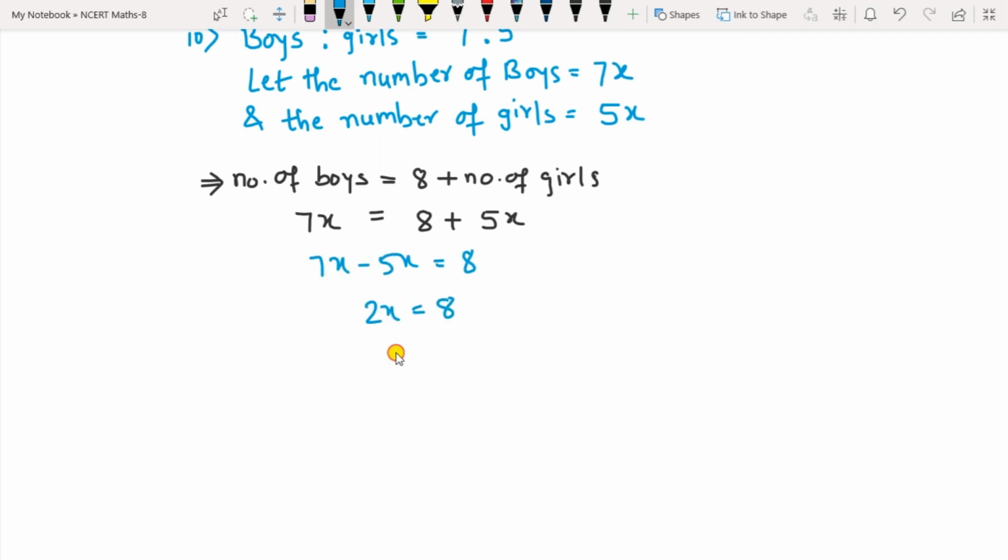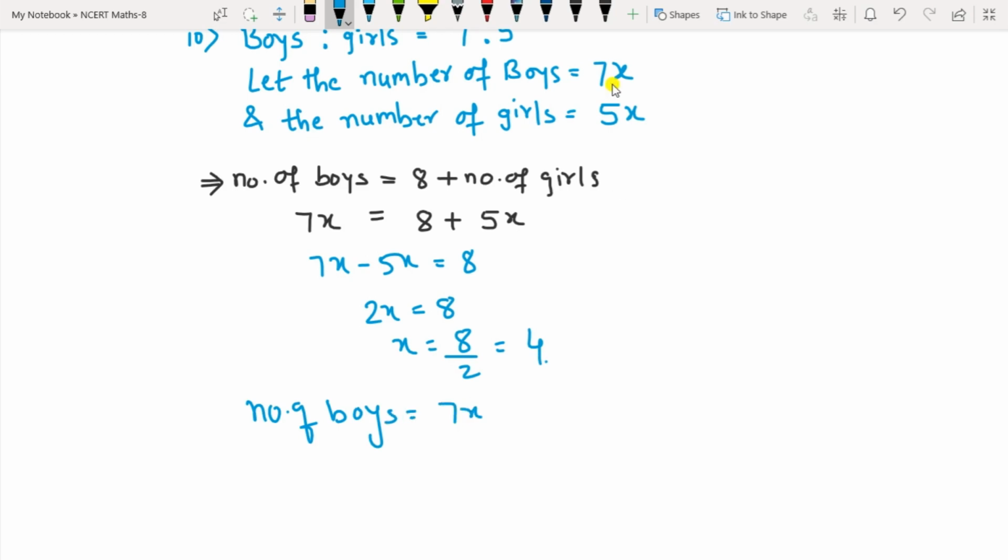Now take the like terms together. 7x minus 5x, since 5 was plus here, it will move to the other side, get subtracted, and 8 is remaining. So 2x equal to 8, x equal to 8 upon 2, that is 4, answer. Okay, now you have to find the total strength. For that you need to find first the number of boys and girls.